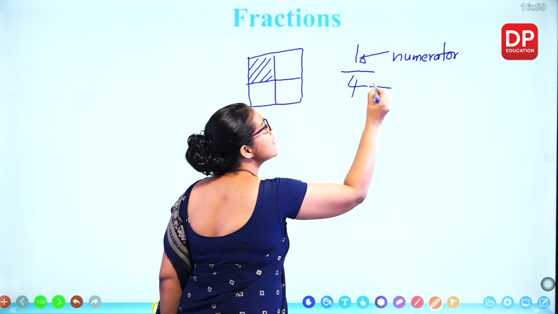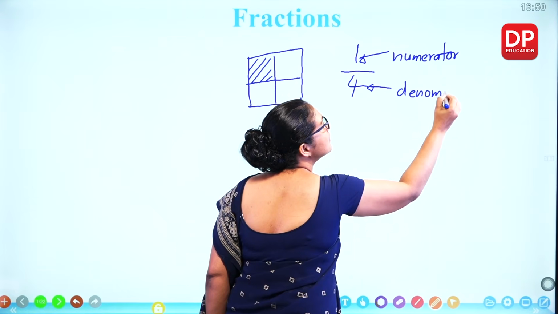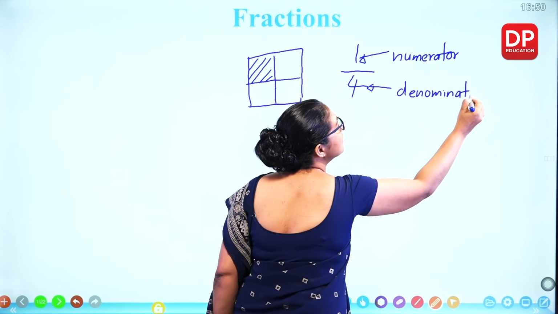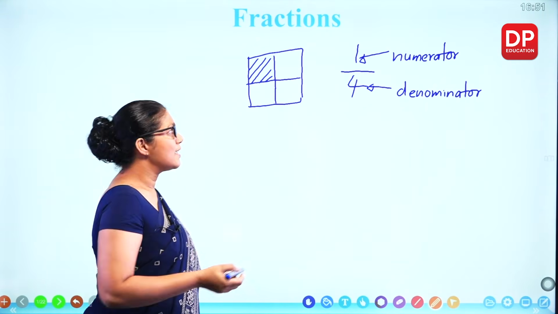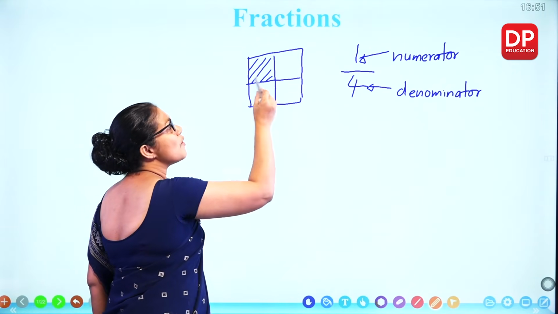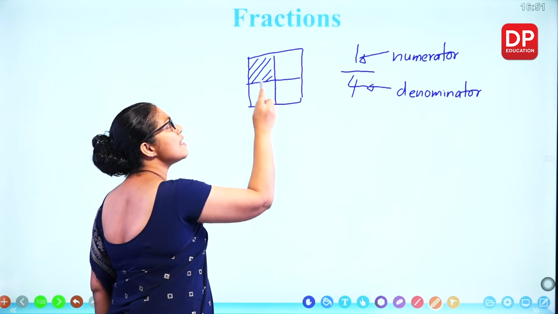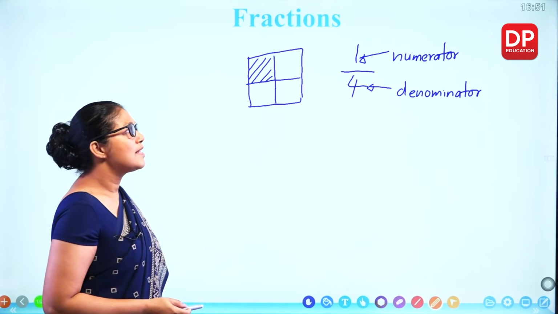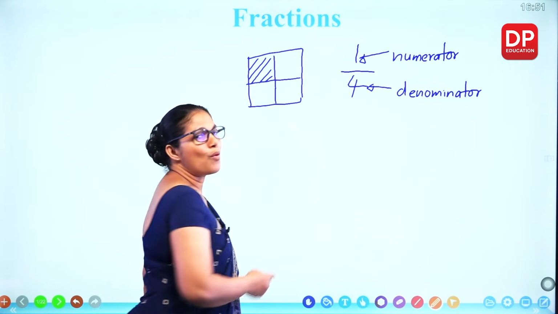We call it the denominator. So what's the fraction of the shaded part? When you take 4 equal parts and one part is shaded, we say 1/4 or 1 out of 4.